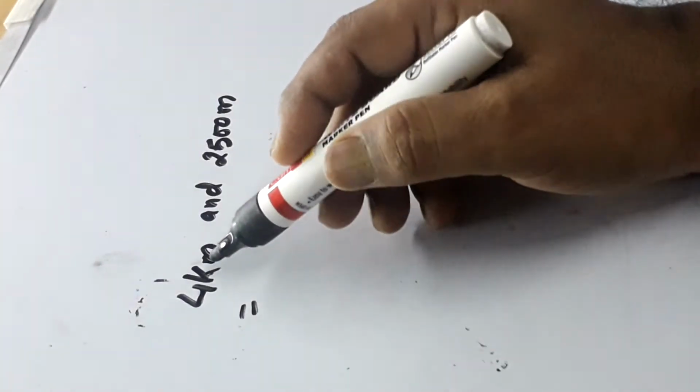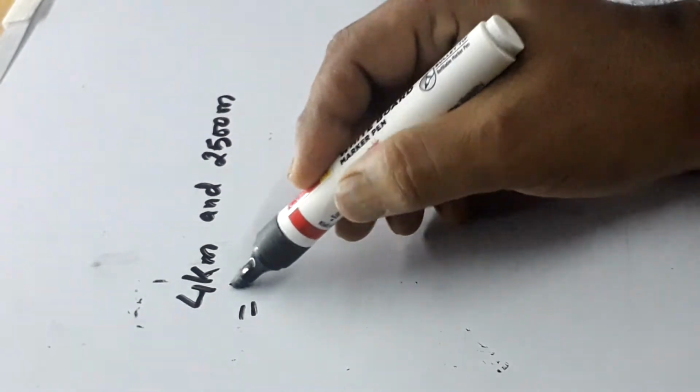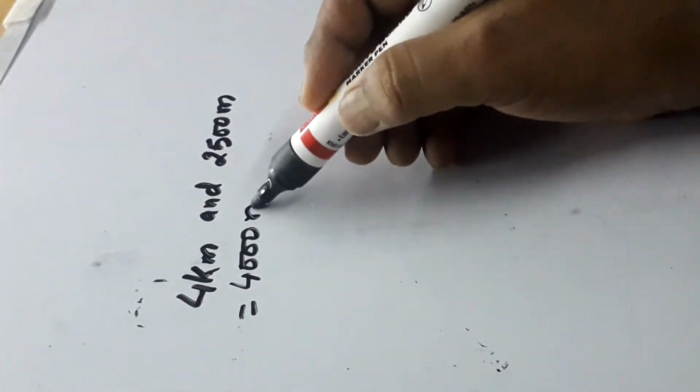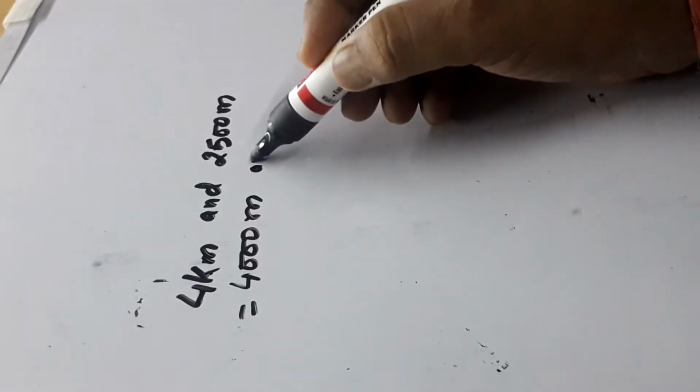First we will convert them into the same unit. Either we convert this into meter or this into kilometer. Let us convert this into meter. 4 kilometer means 4000 meter and this is 2500 meter. Now they have the same unit.